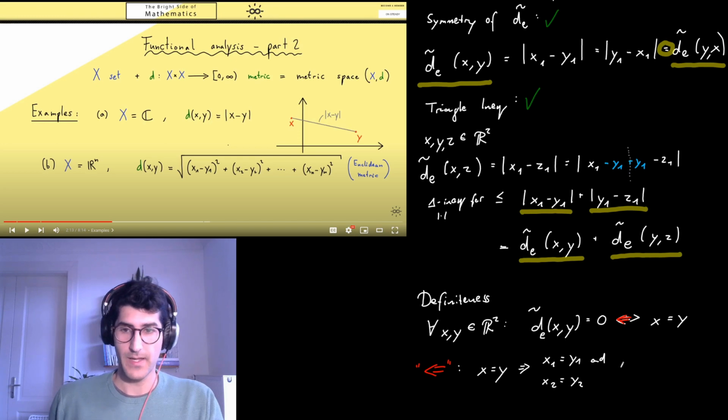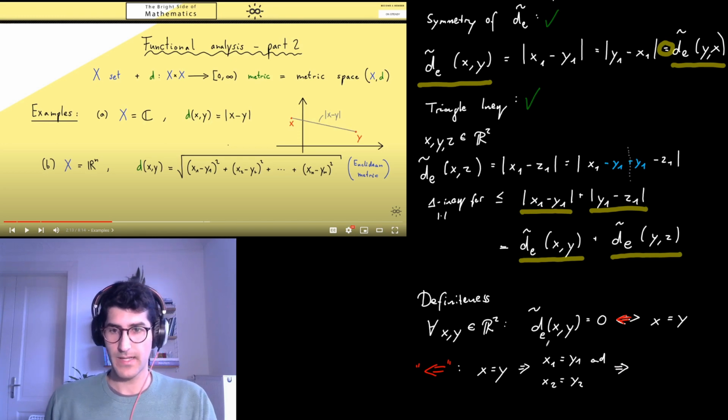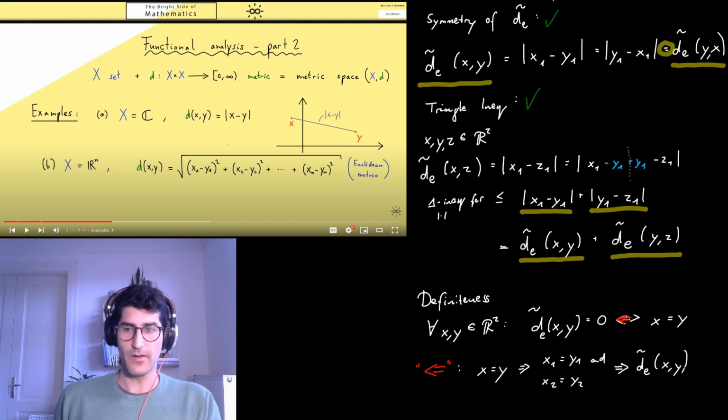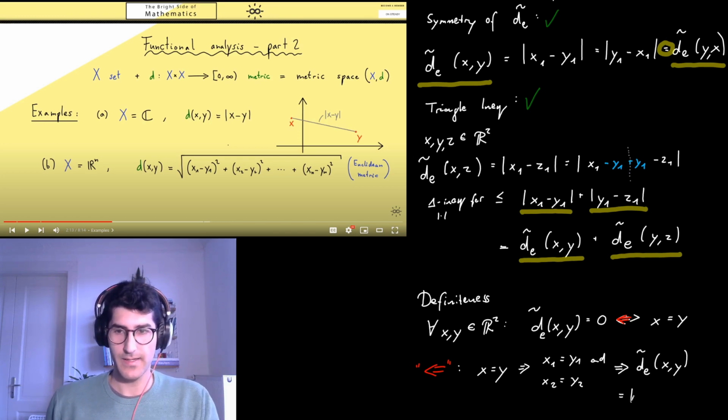All right, then in the next step, let's calculate dE tilde of x and y. So dE tilde of x and y is defined as the absolute value of the difference of the first components.